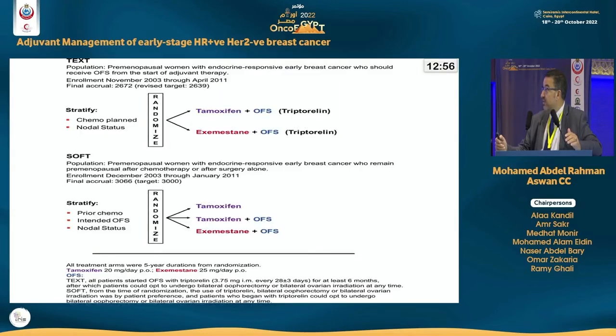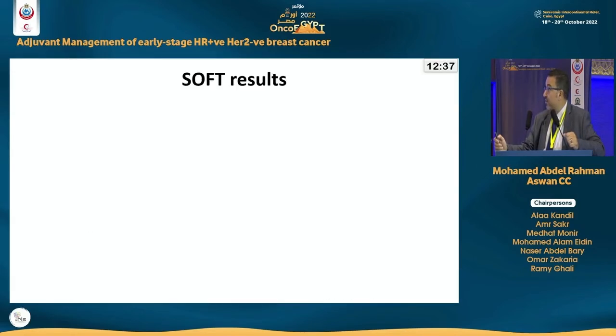The SOFT and TEXT studies evaluated the role of suppression or ablation as adjuvant treatment. For the TEXT trial, unfortunately, we don't have a tamoxifen only arm. Tamoxifen at that time was the only gold standard adjuvant treatment. While in the SOFT trial, we have a tamoxifen arm compared to ovarian function suppression added to tamoxifen or added to an aromatase inhibitor.